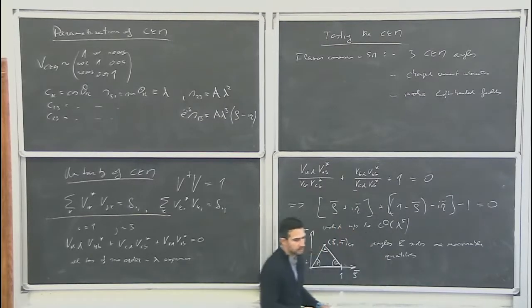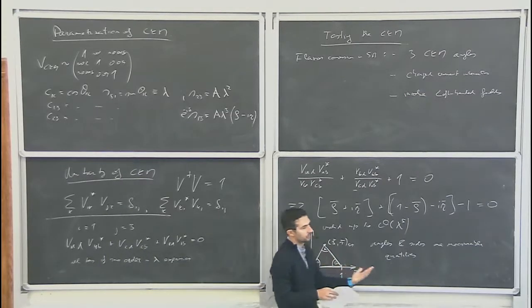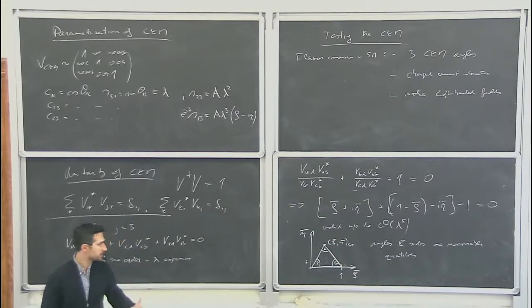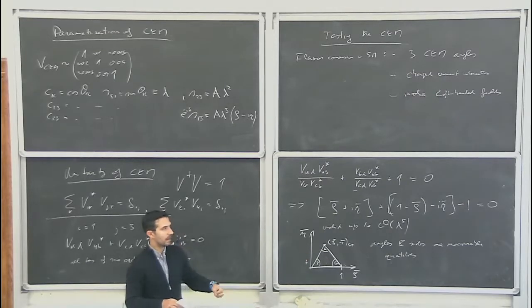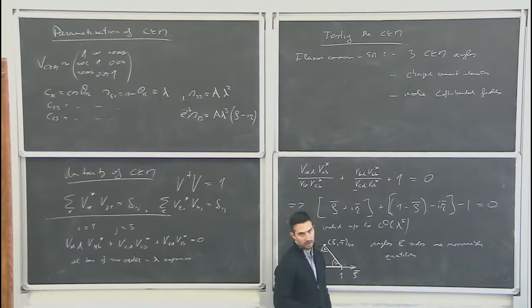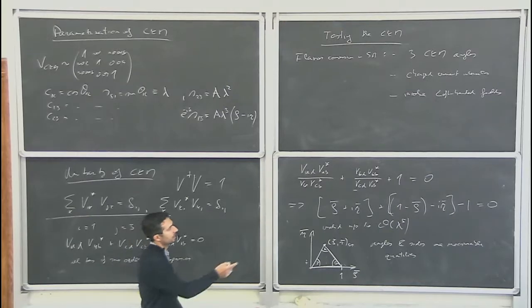So first, we need to measure the quantities which do not enter directly into this particular unitarity triangle, but are needed as inputs to define the CKM. In particular, those are the lambda and A parameters of the Wolfenstein parameterization, or in terms of the moduli of the CKM elements, which are measurable quantities.